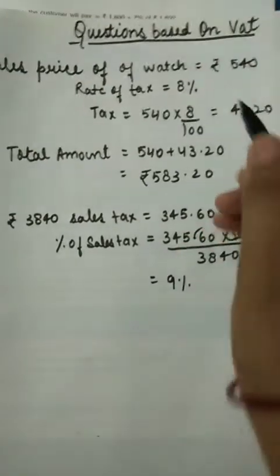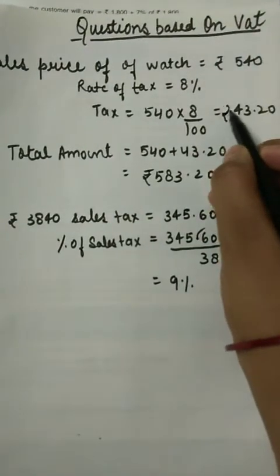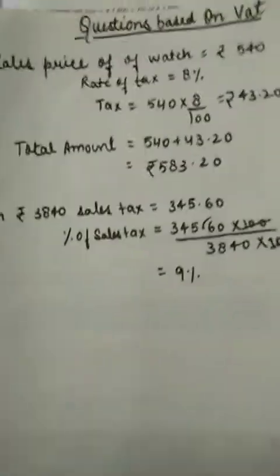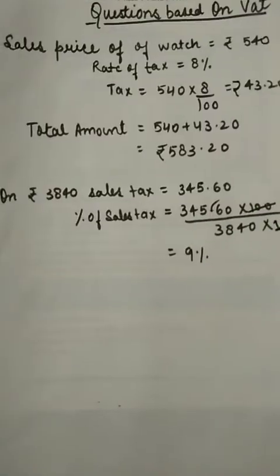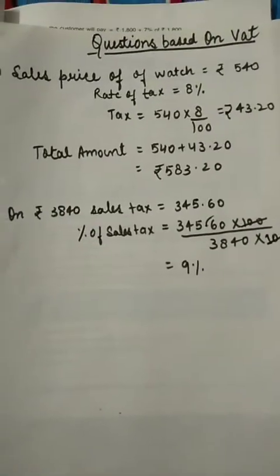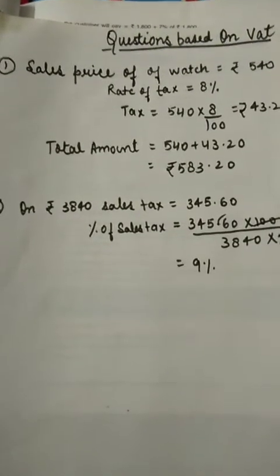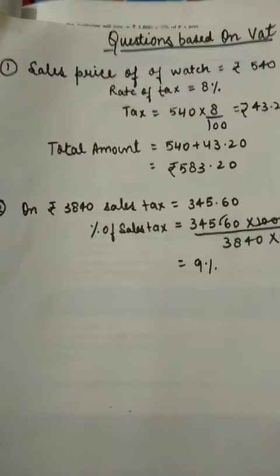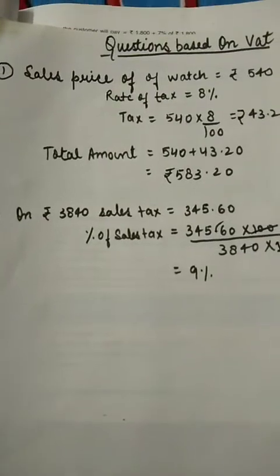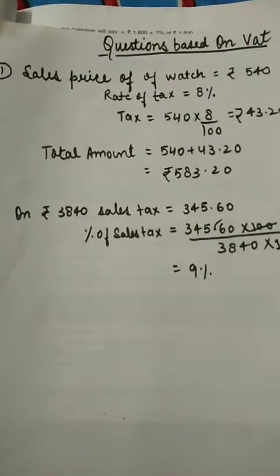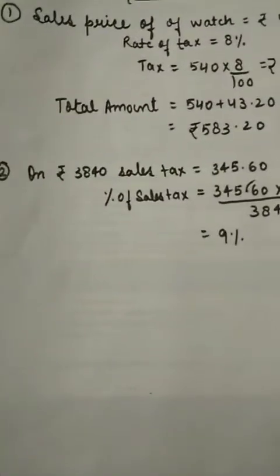So we got rupees 43.20. Then the total amount which has to be paid by Rajat is 540 plus 43.20, which is 583.20, which Rajat has to pay.